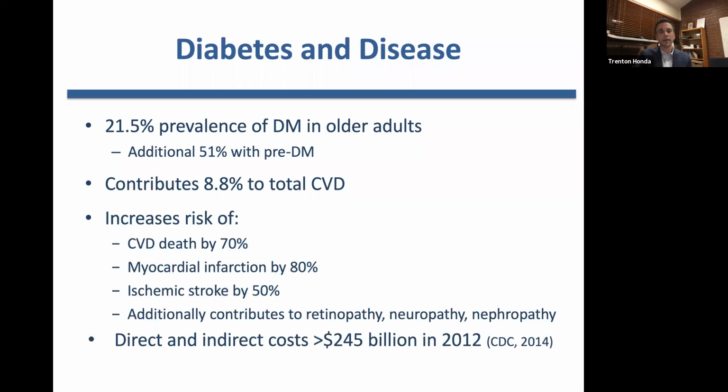And in the US, unfortunately, we have a prevalence of over 20% of diabetes mellitus in older adults. And it's known to increase the risk of cardiovascular death by about 70%, myocardial infarction by 80%, ischemic stroke by 50%, as well as a number of other outcomes that lead to morbidity and mortality. In the US, the cost, both direct and indirect, estimated by the CDC was over $200 billion.